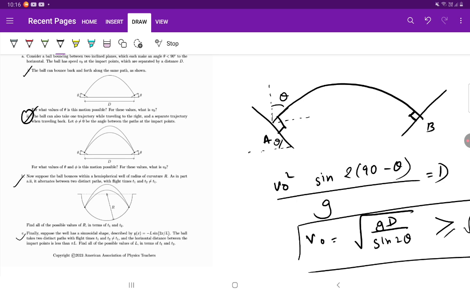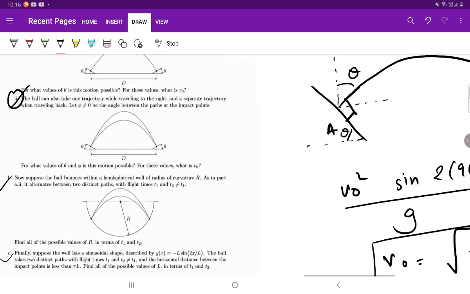Now coming to the second part. The second part says that a ball can also take one trajectory while traveling to the right and a separate trajectory while traveling backwards. Let phi denote the angle between the paths at the impact points. You have to comment on how theta and phi should vary for this motion to be possible, given that phi is non-zero.